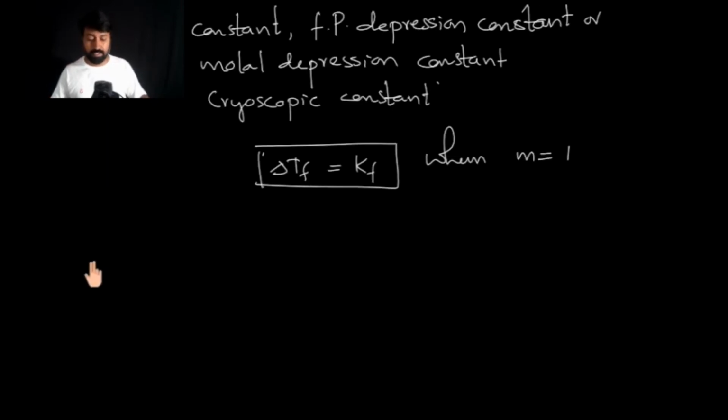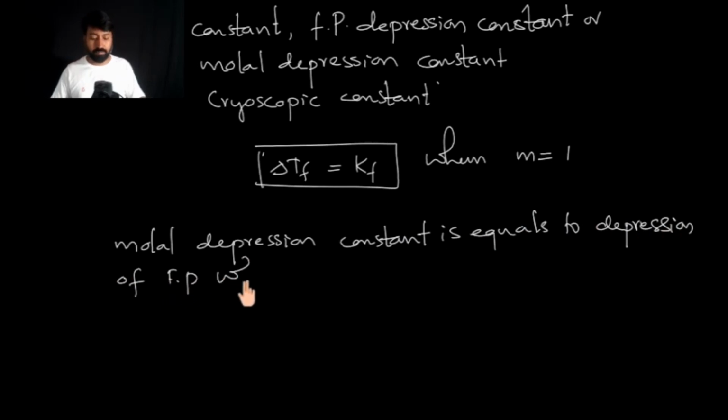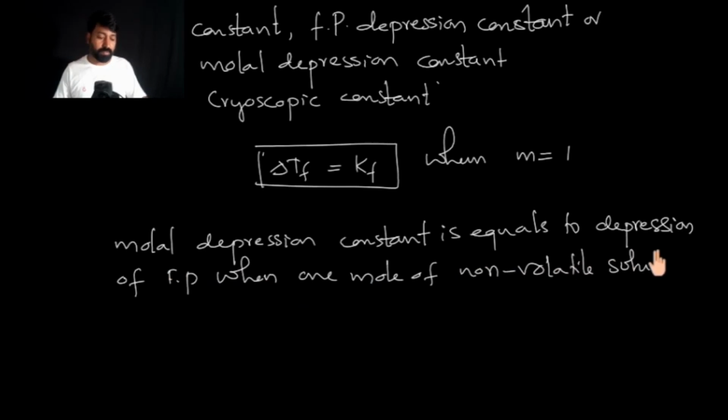So therefore we can define the molar depression constant as the depression of freezing point when 1 mole of non-volatile solute is dissolved in 1 kg or 1000 grams of volatile solvent.